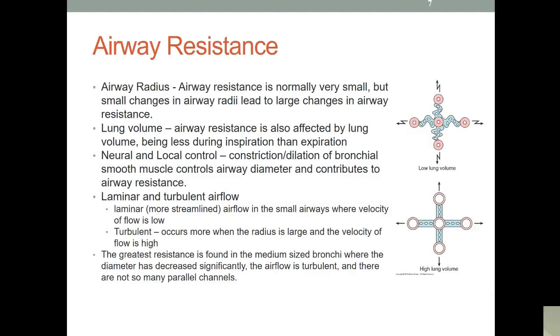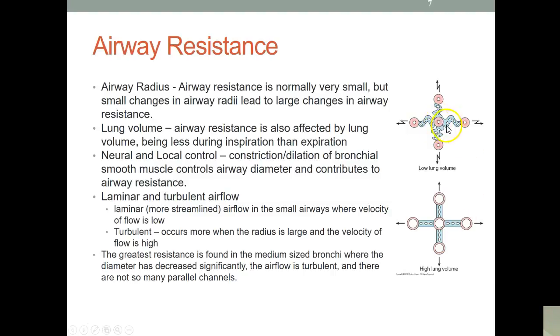Lung volume. Airway resistance is affected by lung volume, being less during inspiration, shown here with a higher lung volume, and greater during expiration with a lower lung volume. The reason is that with inspiration the airways are stretched and pulled open, which increases the diameter.